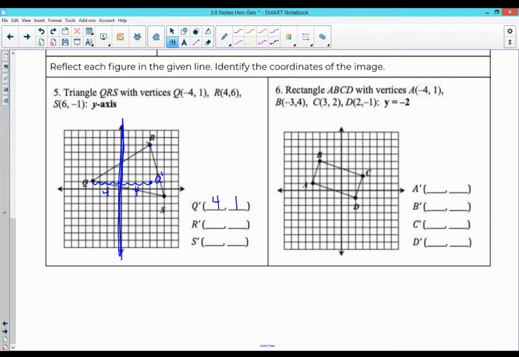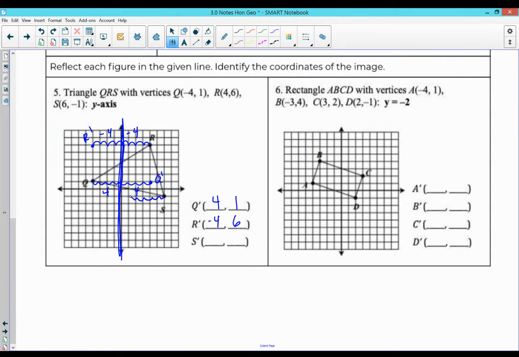Okay, R is 4 away, so I go 4 the other way. Now this is R prime. In R, my y value stayed the same, but I went left 4 and then left another 4, so I'm subtracting 8. That's (negative 4, 6). And then S is at (6, negative 1).